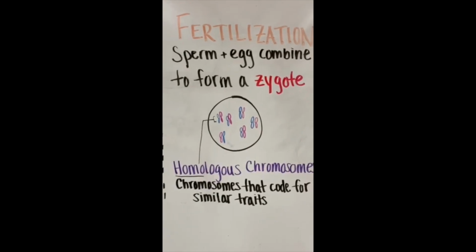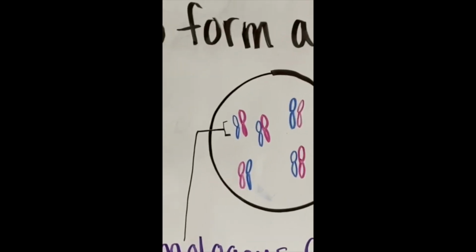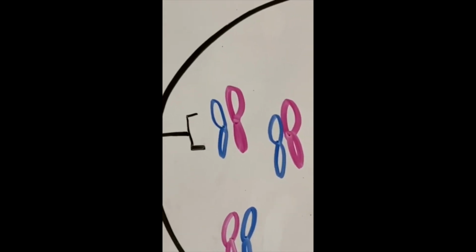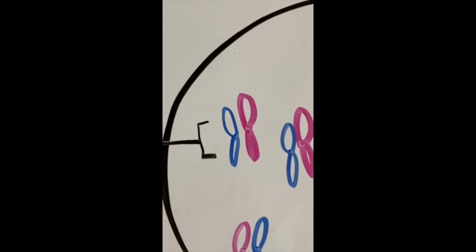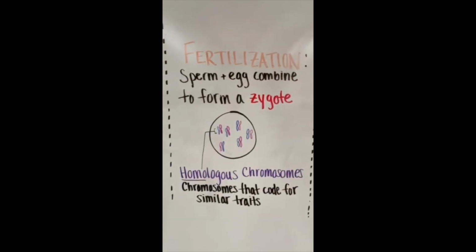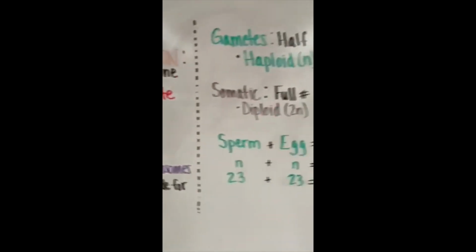So for instance, let's pretend these little chromosomes are coding for eye color. They're going to buddy up. You don't want your chromosomes for a leg and an eye to pair up together. That wouldn't even make sense.